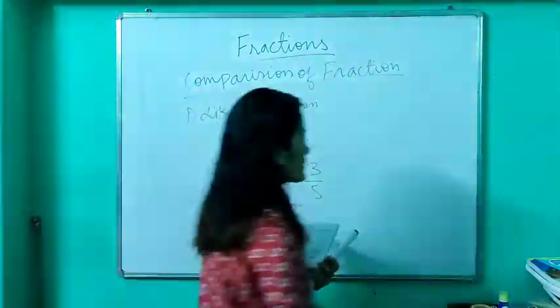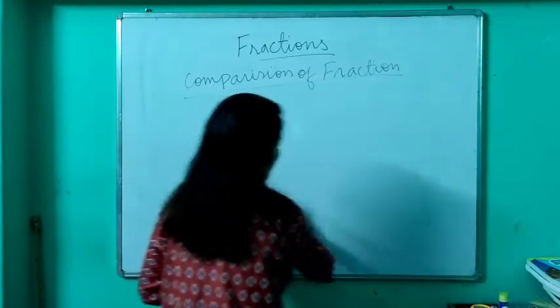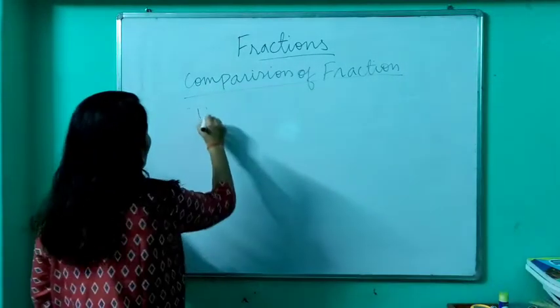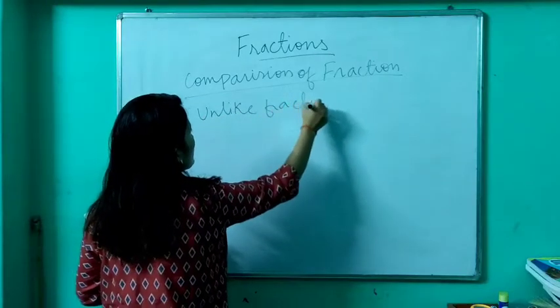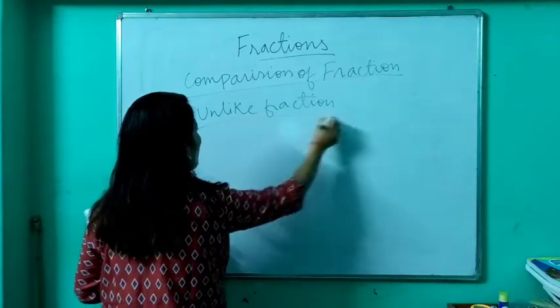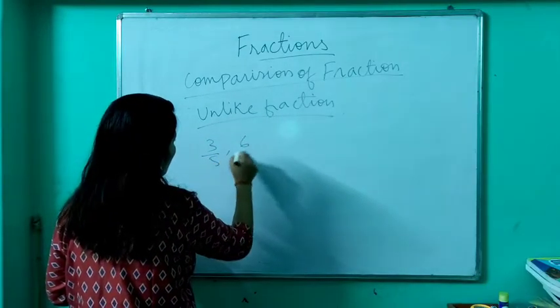Okay. Now similarly for unlike fraction, how do you compare it? So we all know what is unlike fraction, right? So with a different numerator.